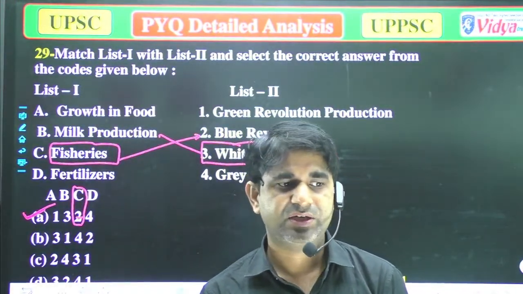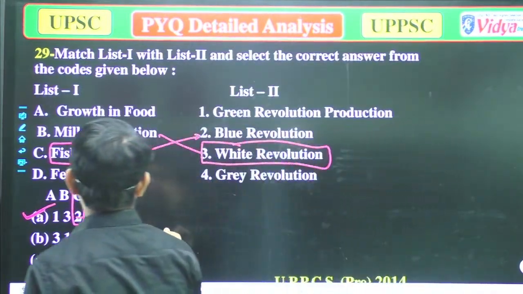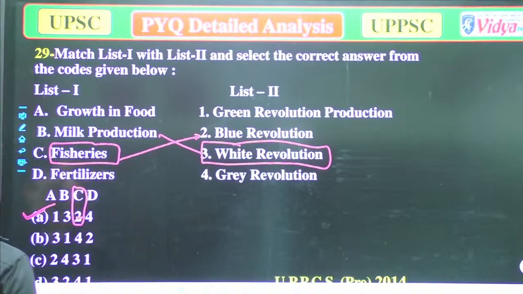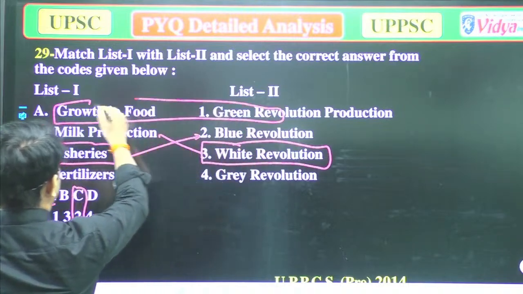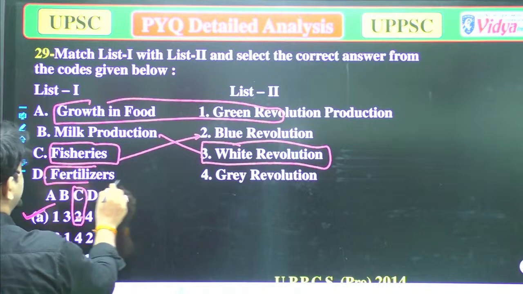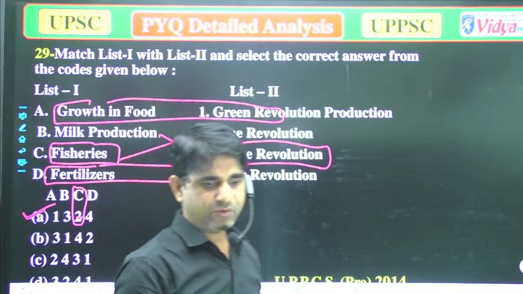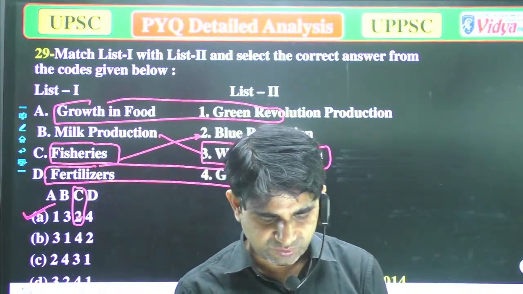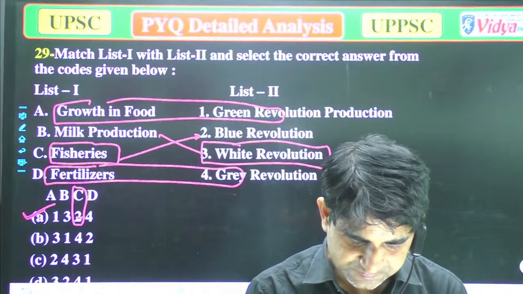Growth in food is known as the Green Revolution, and fertilizer is the Gray Revolution. So we have all these options. Now you can correlate which of the following is correct.